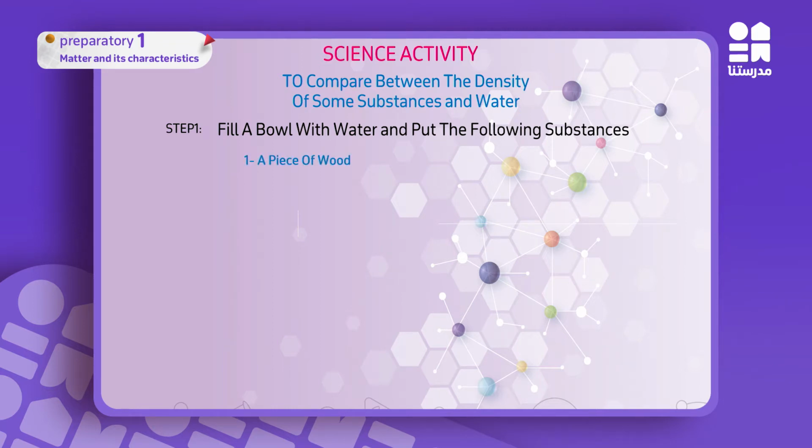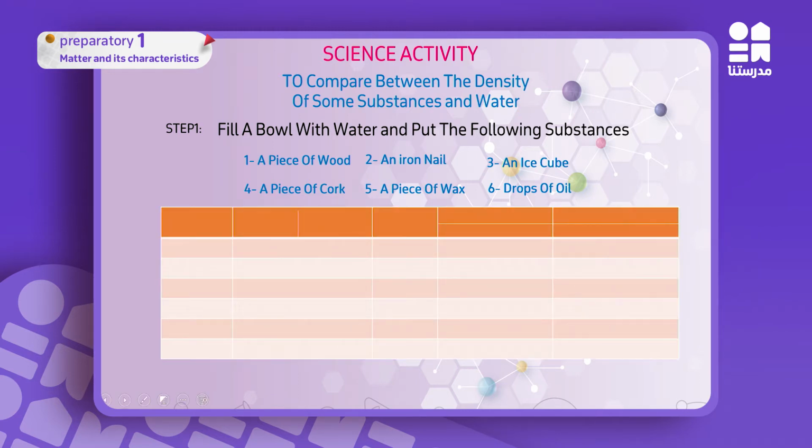So we have a jar, we are going to fill it with water and drop in it certain materials: a piece of wood, an iron nail, an ice cube, a piece of cork (cork here means rubber), a piece of wax candle, and drops of oil. We have here a table.